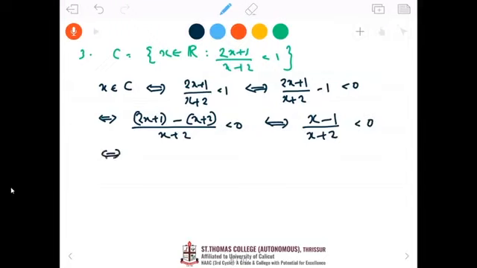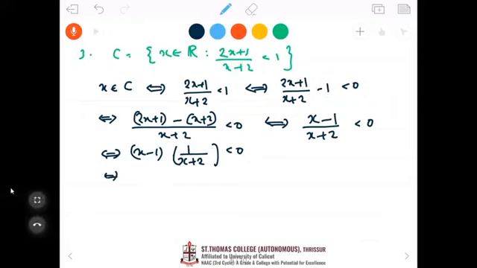Again I can write (x minus 1) by (x plus 2) as (x minus 1) into 1 by (x plus 2) is negative. If the product of two numbers is negative, one of them must be positive and the other must be negative. Here 1 by (x plus 2) is positive means x plus 2 is positive, and 1 by (x plus 2) is negative means x plus 2 is negative. So this implies and is implied by, as in the previous problem, we will have two cases.